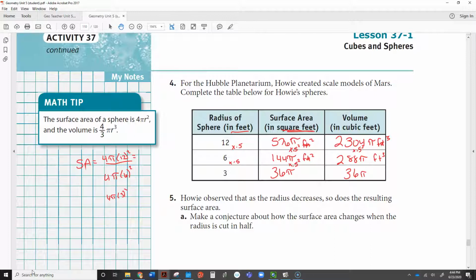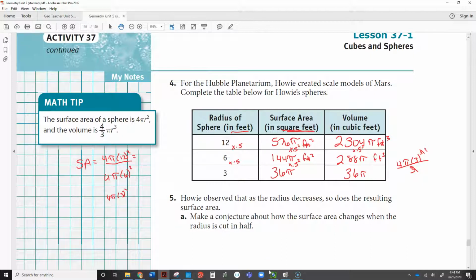And if you do it by the formula, you're going to get 4 times pi times the radius cubed divided by 3. That's the formula for volume right there. So that's going to cancel out with one of those, and that's going to leave you 36 pi.